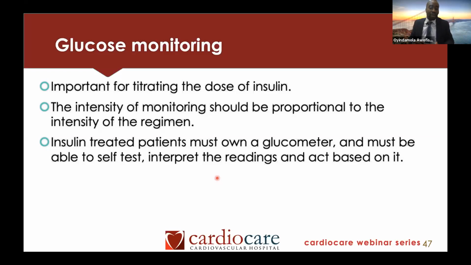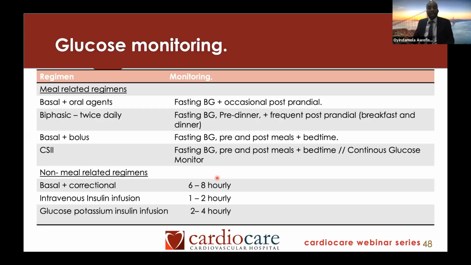So they should be taught to self-test and to interpret the readings. The diabetes educator on the ward should go through it with them: the actions they will take, what readings like this mean, why it did that, how to interpret it. That is actually key for patients on insulin therapy.